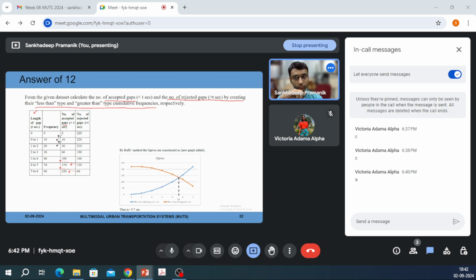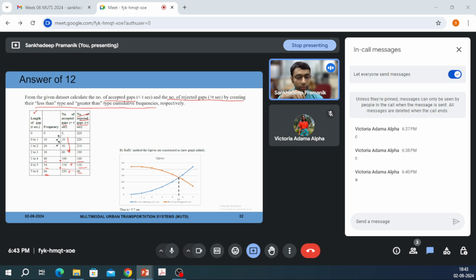So here we have to calculate the total cumulative, so we need to calculate 0 plus 10 is 10, 10 plus 20 is 30, like that. Again, for the rejected gaps, which gaps the pedestrian doesn't take, we need to calculate in this order: 66 is the last one, so 66 plus 54 is 120, then 120 plus 40 is 160, like that.